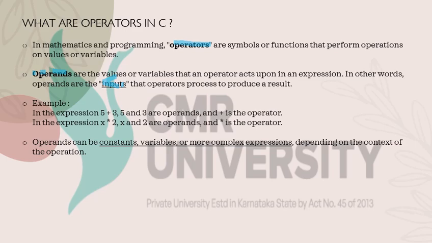Example, in the expression 5 plus 3, 5 and 3 are operands and plus is an operator. In the expression x into 2, x and 2 are the operands and into is the operator. Operands can be constants, variables, or more complex expressions depending on the context of the operation.